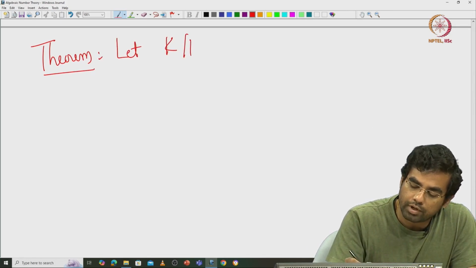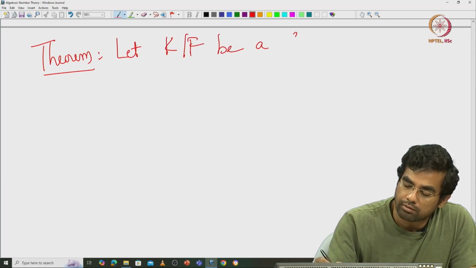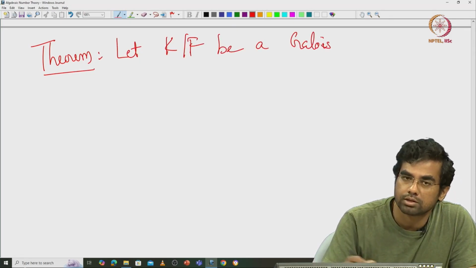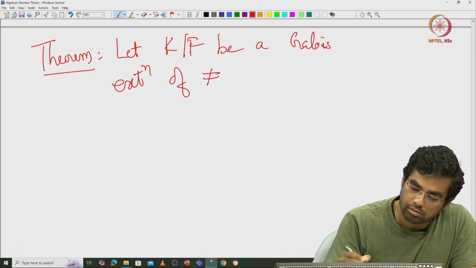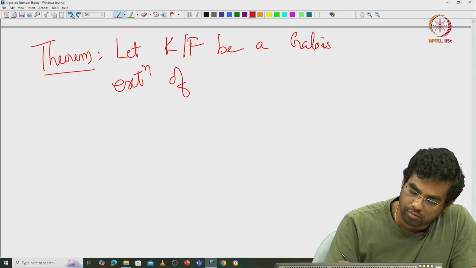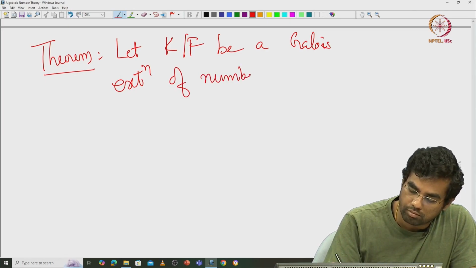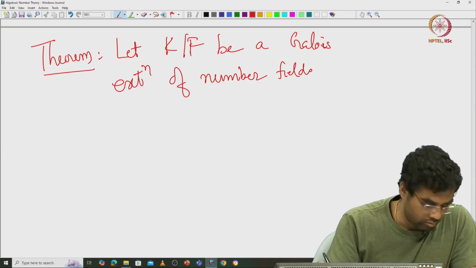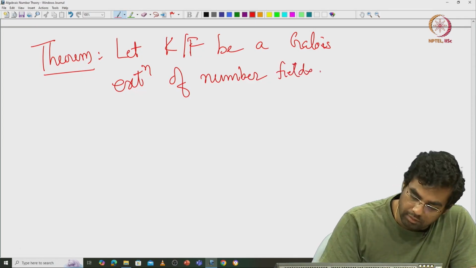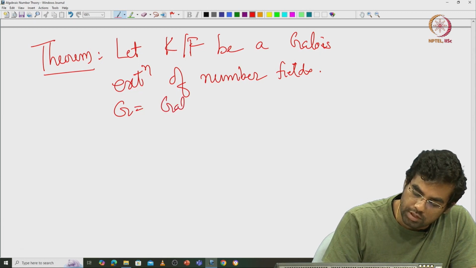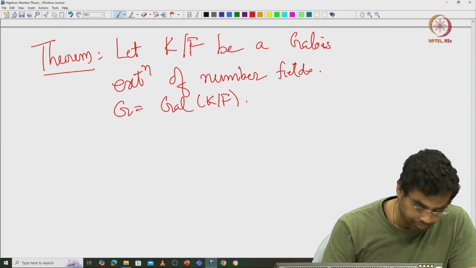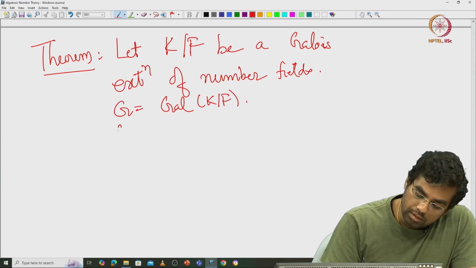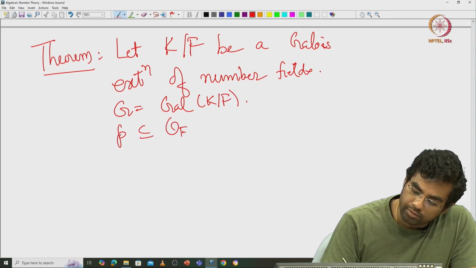Let K over F be a Galois extension of number fields with Galois group G. So, the Galois group of K over F, I will call it G. And let P contained in O_F be a non-zero prime ideal.